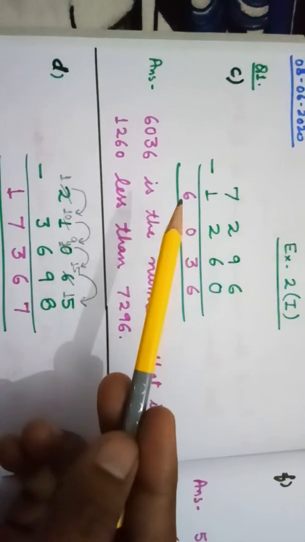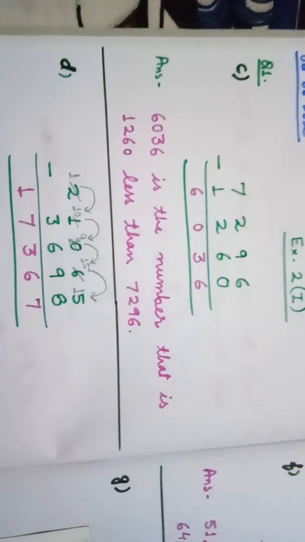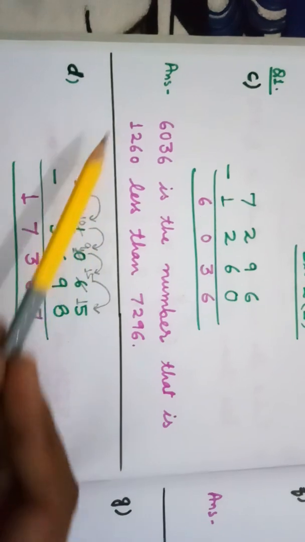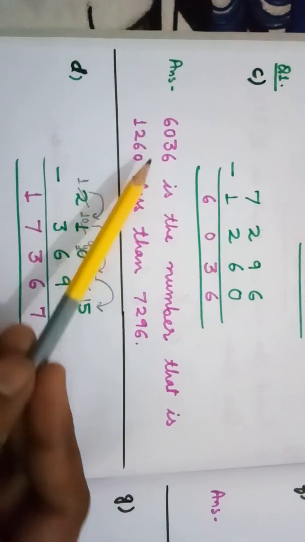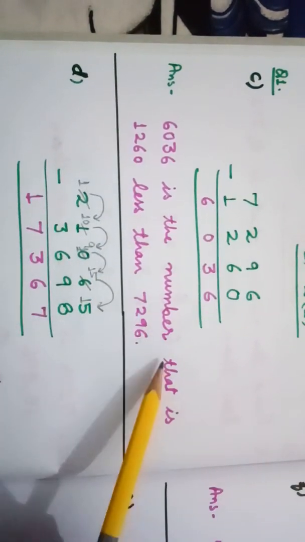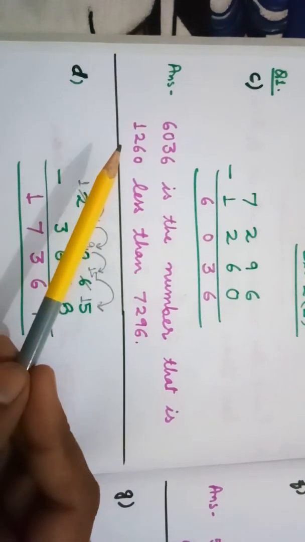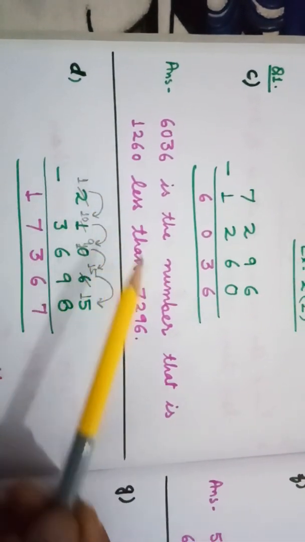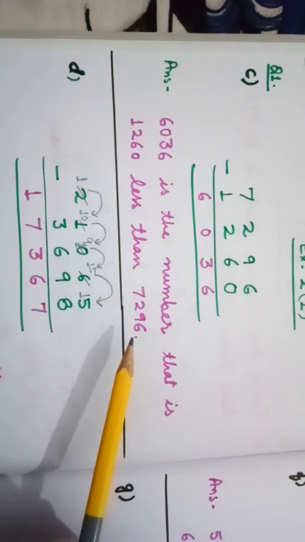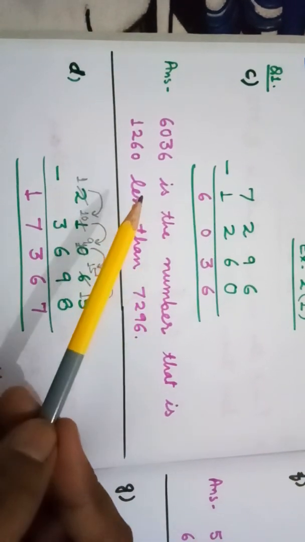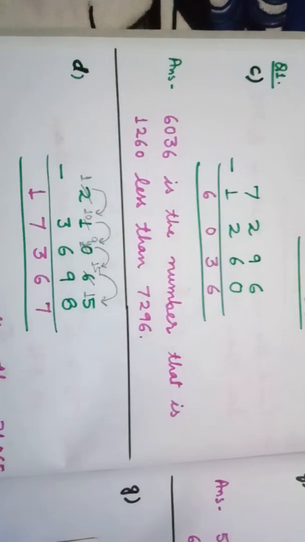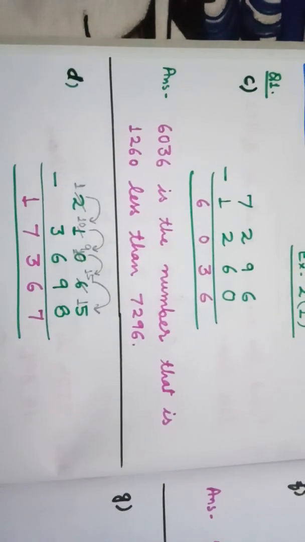So the difference is 6036. That is why the answer will be: 6036 is the number that is 1260 less than 7296. Only this answer statement we have to write in this question.